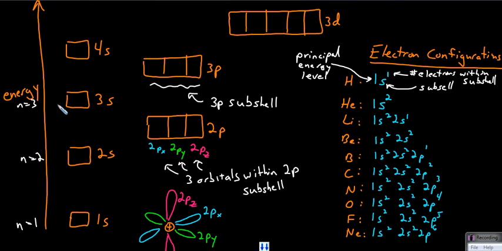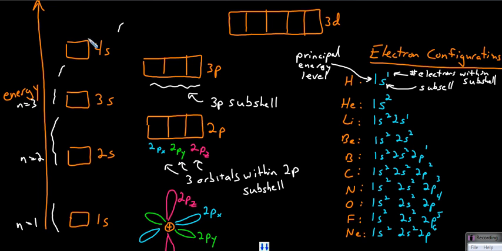But then in the quantum mechanical model, we could see that there were a variety of different subshells within those principal energy levels, so that n is equal to 1 actually has just this 1s subshell. N is equal to 2 has the 2s and the 2p subshell. N is equal to 3 has the 3s, the 3p, and also over here the 3d subshell.